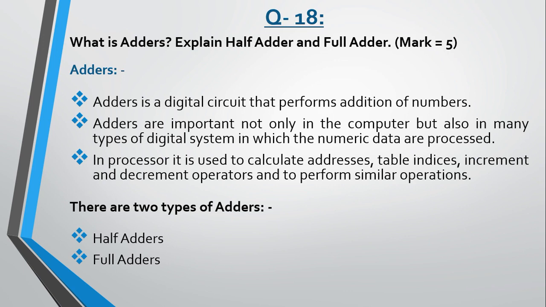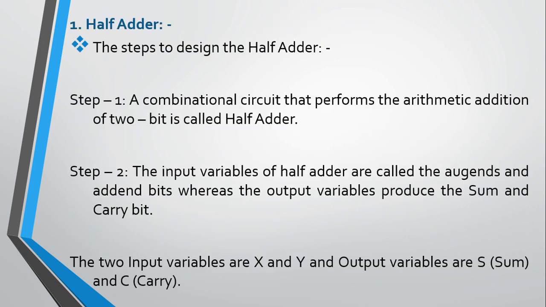Now how the data is added using half adder, let us refer to the points regarding half adder. Here are the steps which you need to follow when you want to design the half adder circuit. So first of all, what is a half adder?